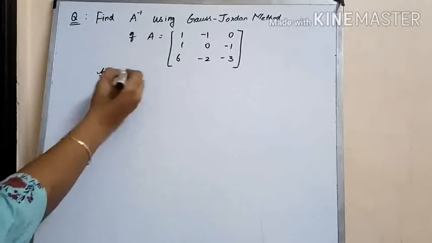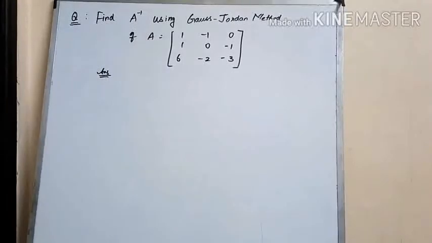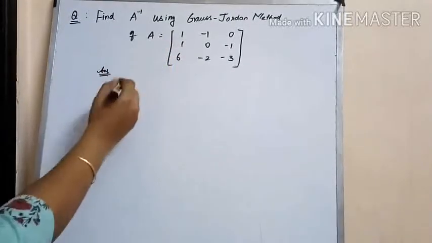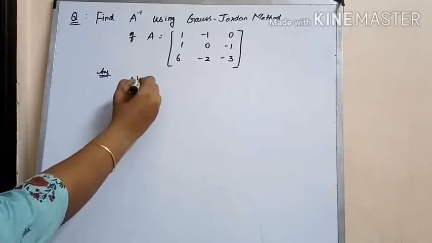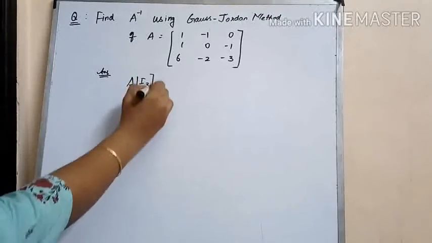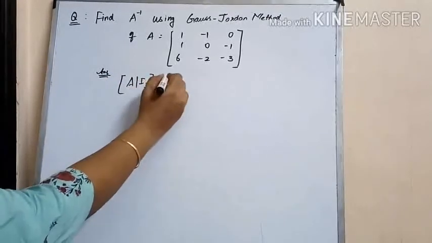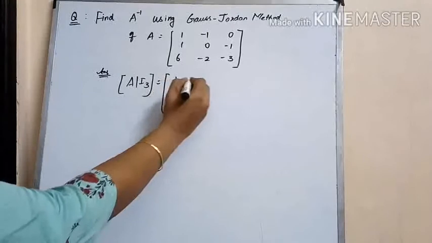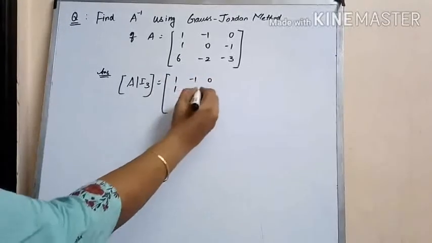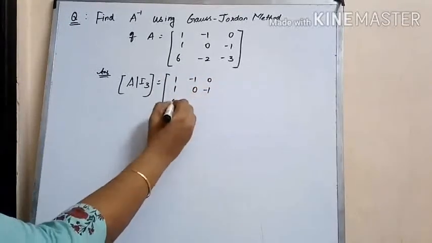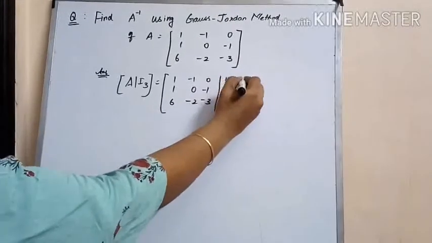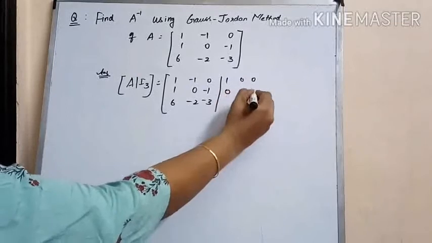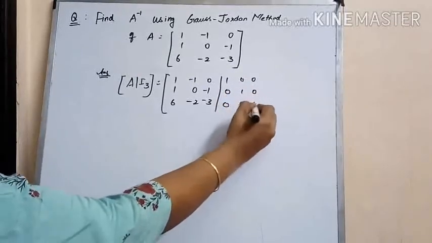Now we have another question: find A inverse using the Gauss-Jordan method. The first step is to apply augmenting of I3 with A, which is 1, minus 1, 0, 1, 0, minus 1, 6, minus 2, minus 3, and I3 is 1, 0, 0, 0, 1, 0, 0, 0, 1.